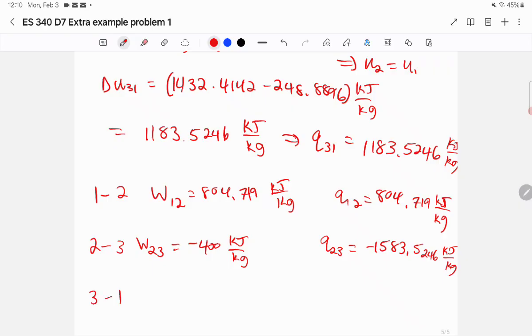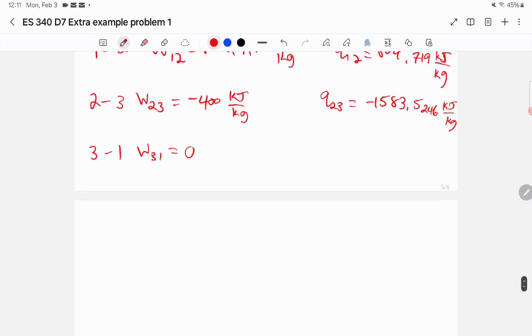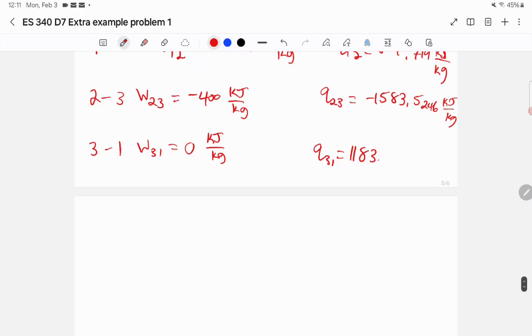And 3 to 1, W31 was equal to 0 kilojoules per kilogram. And Q31 was equal to 1183.5246 kilojoules per kilogram.